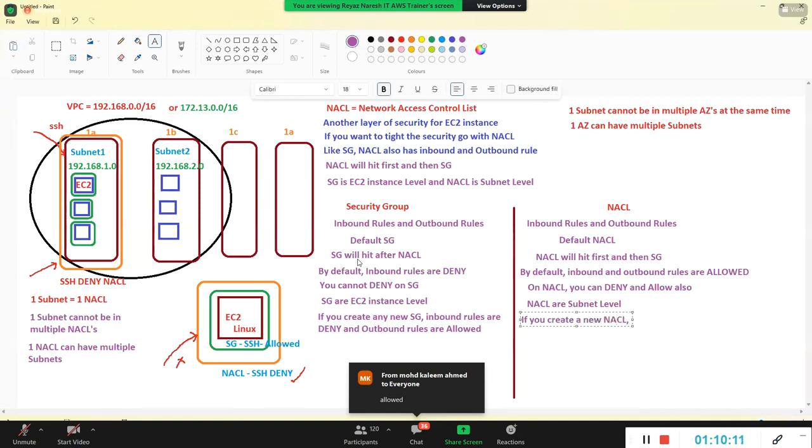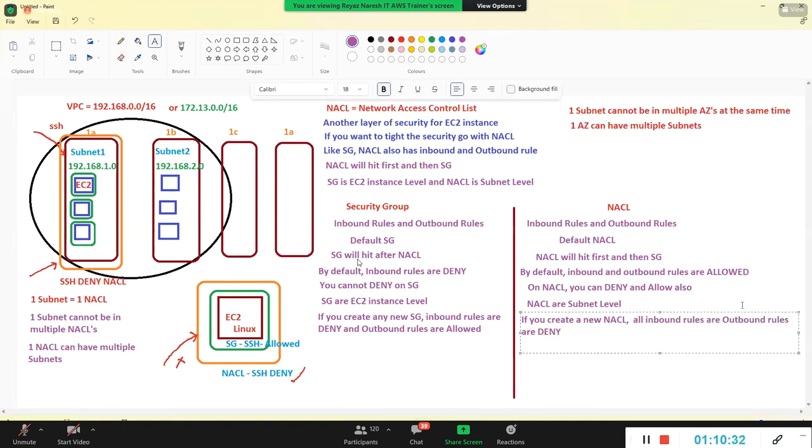All inbound rules and outbound rules are denied. For the default NACL, it will just leave. But if you create a new one, definitely you have to take care of it, meaning those are denied.